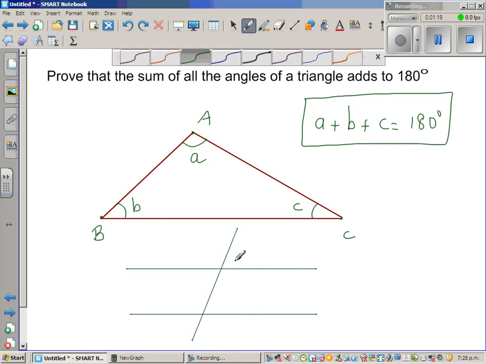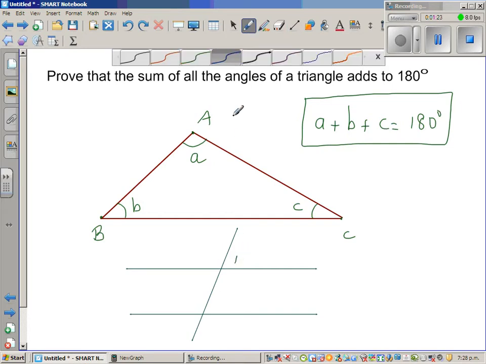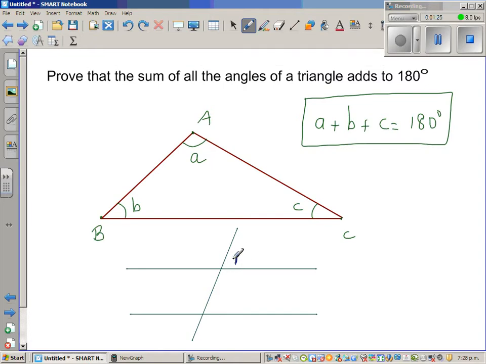Let us name this angle 1. This is 1, 2, 3, 4, 5, 6, 7, and 8. You've got 8 angles, and these two lines are parallel. So this is the notation of parallel, and this is the transversal. Say this is line L, this is line M, and this is T.